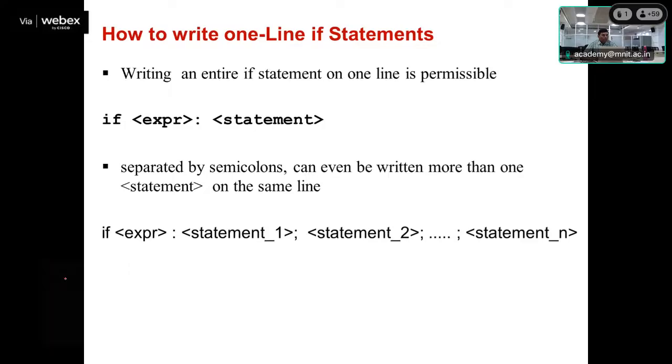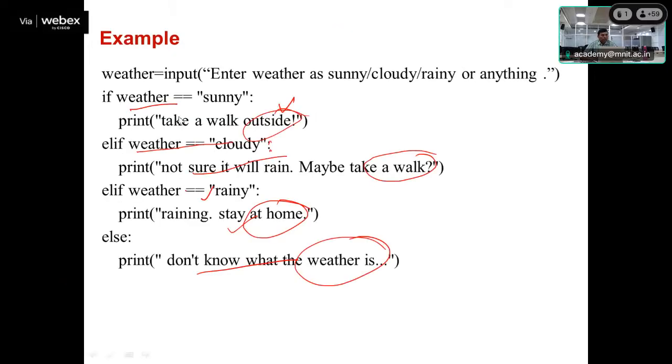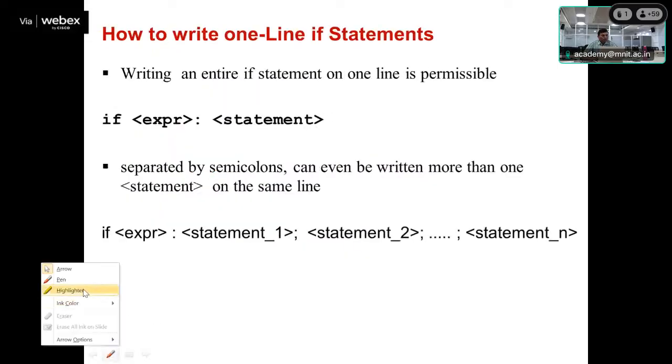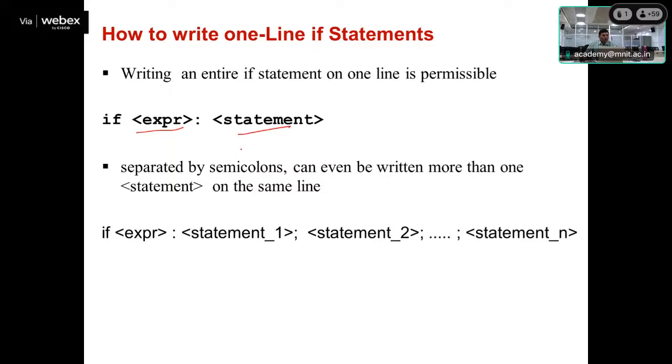Now sometimes we can also write a one line if statement. Till now we wrote every statement on a different line, but sometimes we can write a crisp if statement where we write if expression then statement. Here the statements are separated by semicolons in case the statement is more than 1.